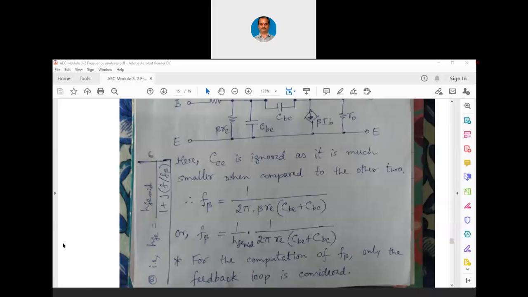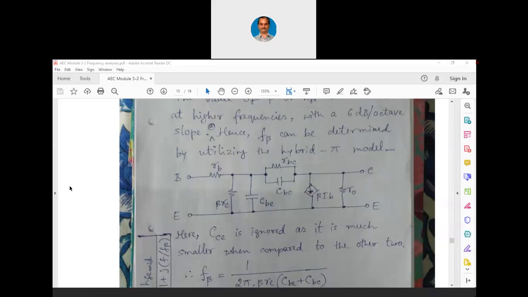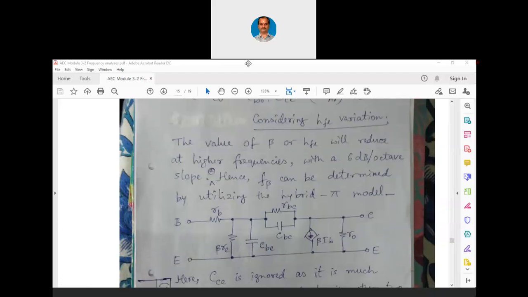HFE mid is the midband gain: at the midband of the frequency response, the gain is constant, so naturally HFE also is constant. Based on that, we can model the complete HFE as HFE mid over 1 plus j into f by f beta. Hence f beta can be determined by using the hybrid pi model.